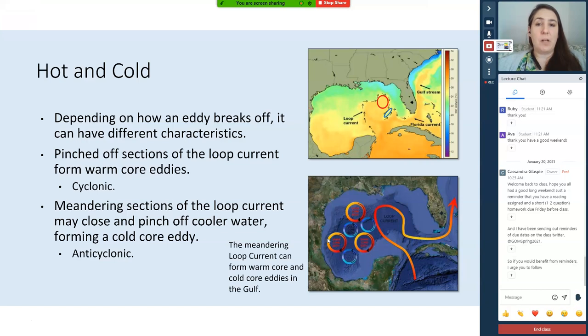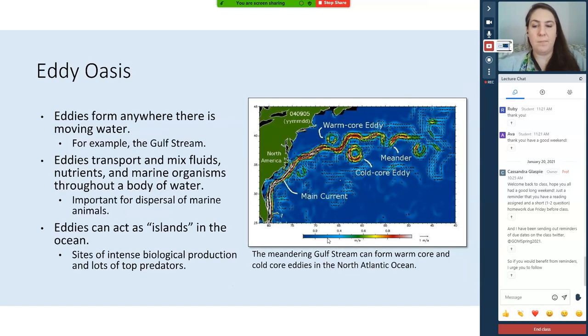And you generally have multiple of both types of eddies in the Gulf of Mexico at any time. The surface water in these eddies is noticeably warmer in warm core eddies and noticeably cooler in cold core eddies as it moves around the Gulf.